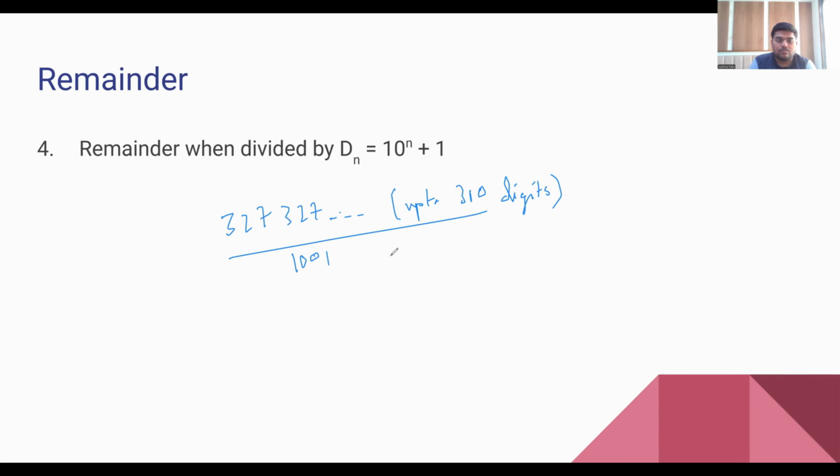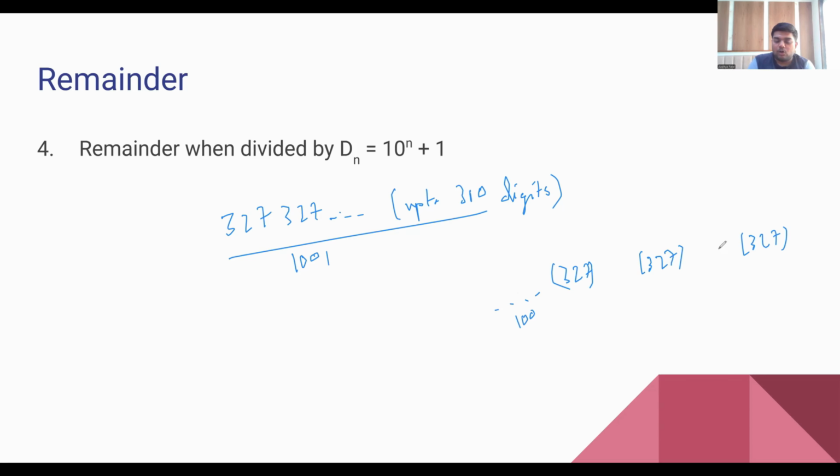1001. Now, what we simply do is we do the summation of alternate groups. So the groups here are 327, 327, 327, and so on. Right, 100 such groups.